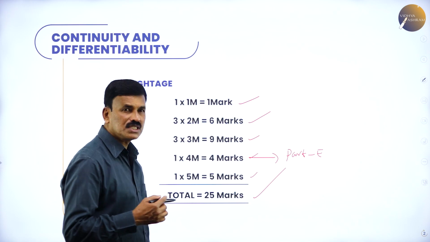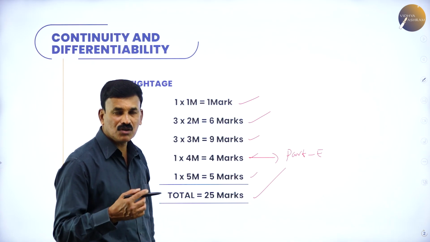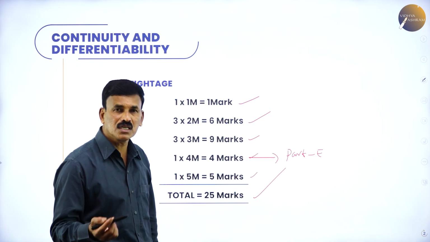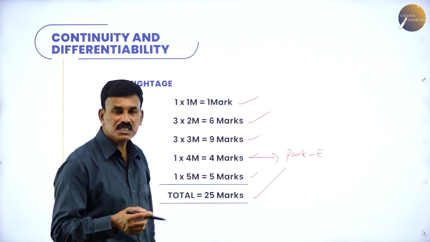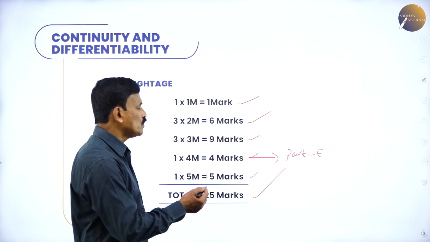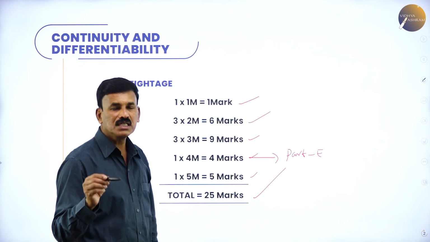The 4 marks question is for part E. In part E, you will get one 4 marks question from continuity, along with a linear programming problem for 6 marks and properties of integrals for 6 marks.